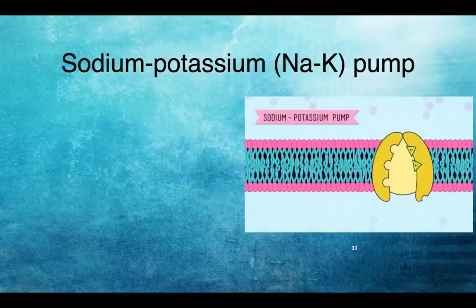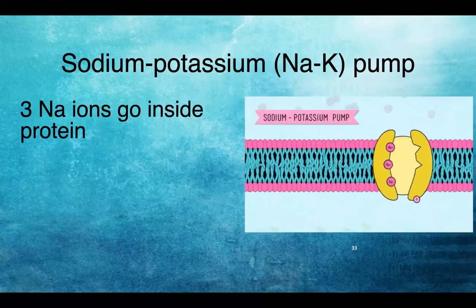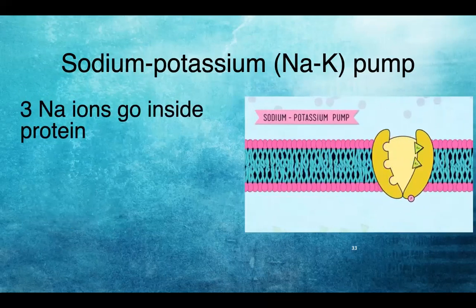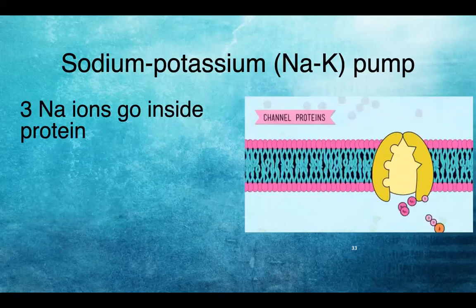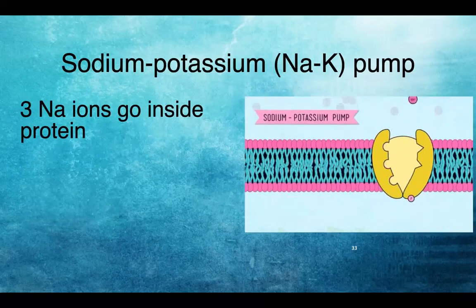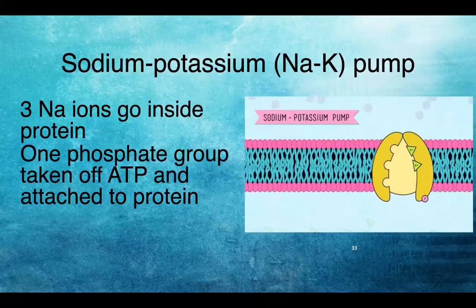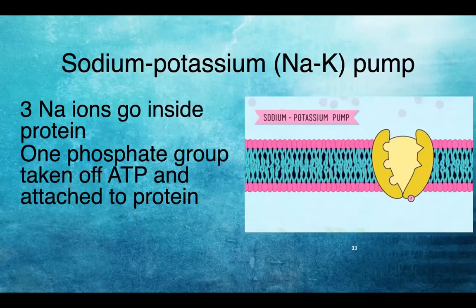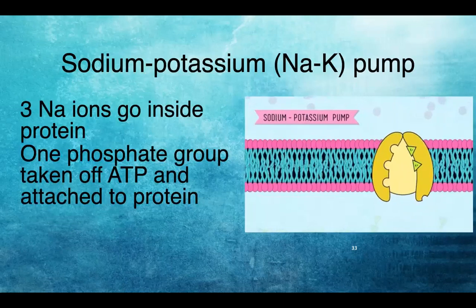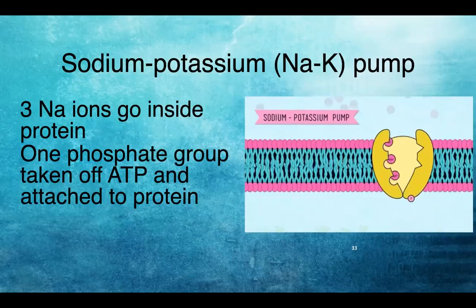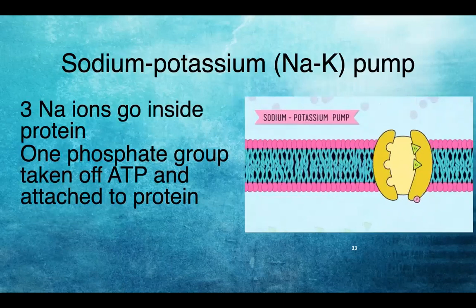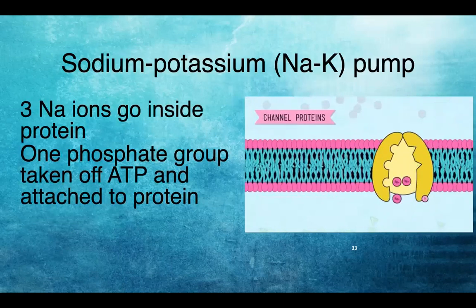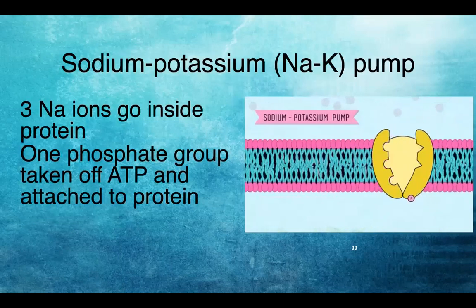So the first thing that happens is 3 sodium ions go inside the protein, which you can see happening, the 3 round pink ones there. When that happens, a phosphate group is taken off of an ATP, and the phosphate group is attached to the protein. So as soon as the 3 are attached, the protein changes shape, and you've got that little P in the corner here.